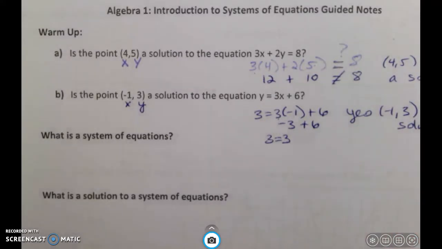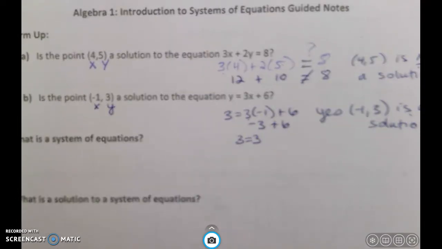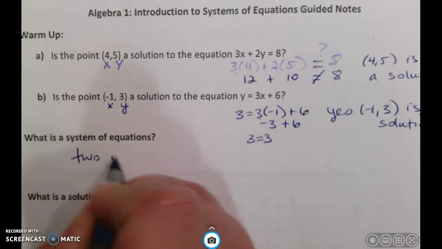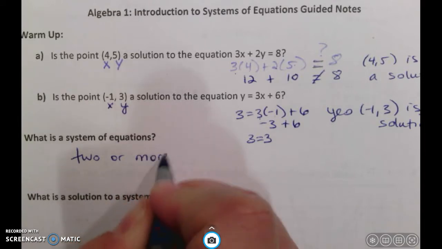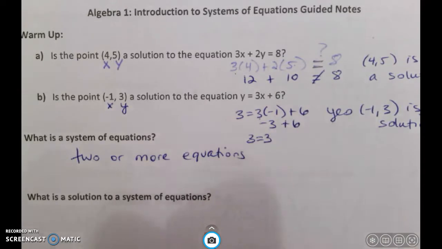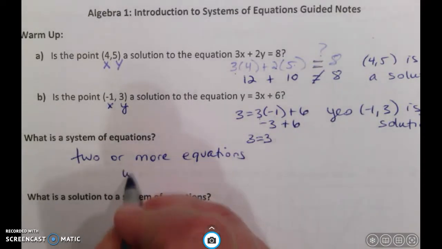What we're going to be doing in this next unit is taking a look at something called a system of equations. A system of equations is two or more equations working together at the same time.